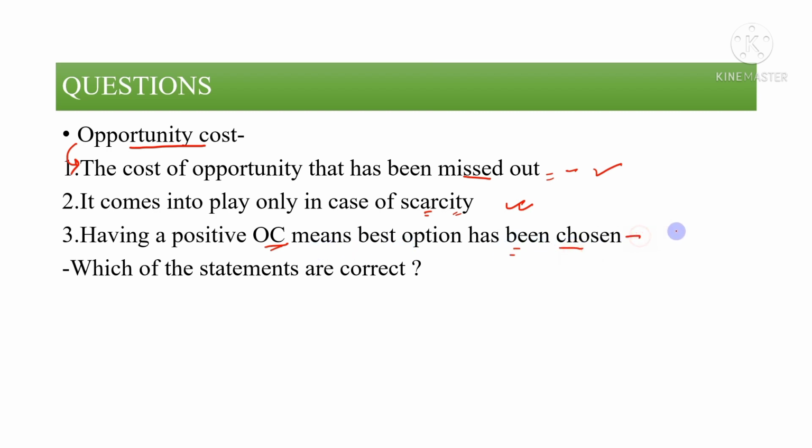This statement is not correct, as having a positive opportunity cost means you have chosen something that is not the best option. Say, for example, rupees 30 was the best option, and we have chosen something for rupees 20. This gives us a positive opportunity cost of 10 rupees. That means we have not chosen the best option. So statement 3 is wrong.